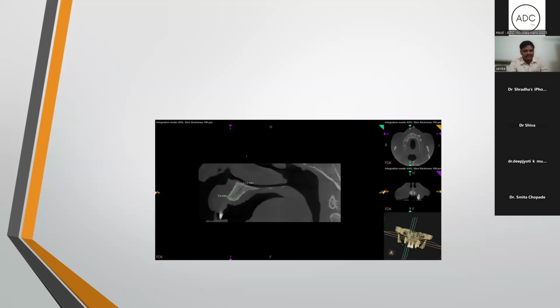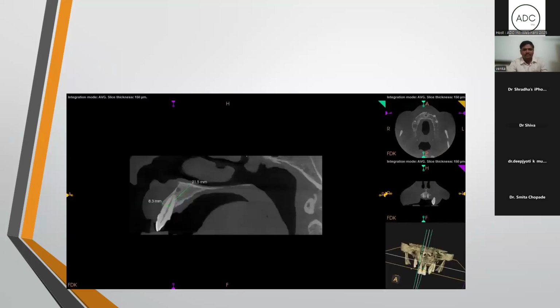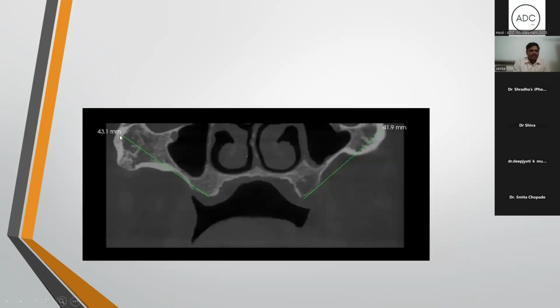So in these cases, you have to only go for basal. With the help of my measurement, I will go that on the right side 43.1 mm and on the left side 41.9 mm is sufficient.